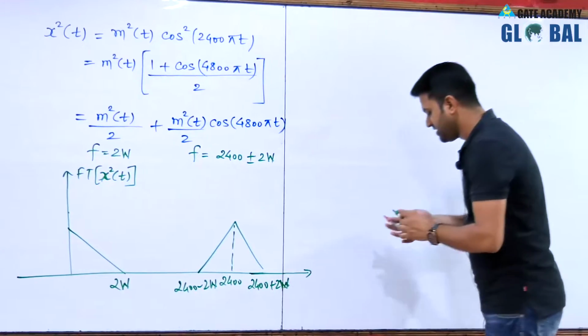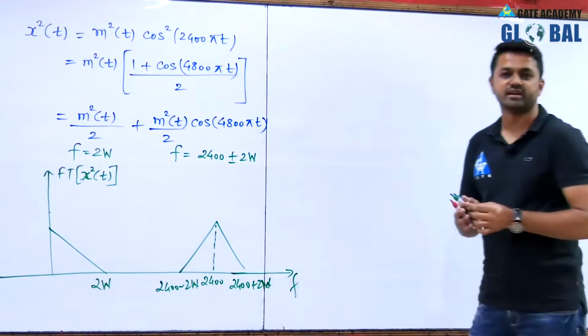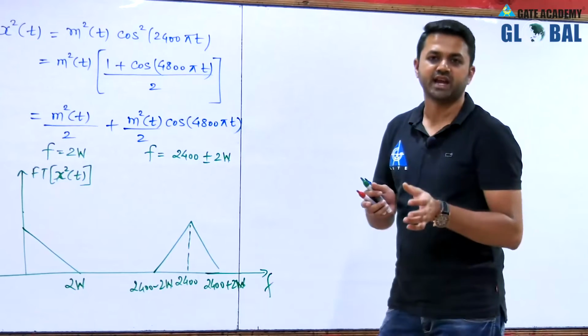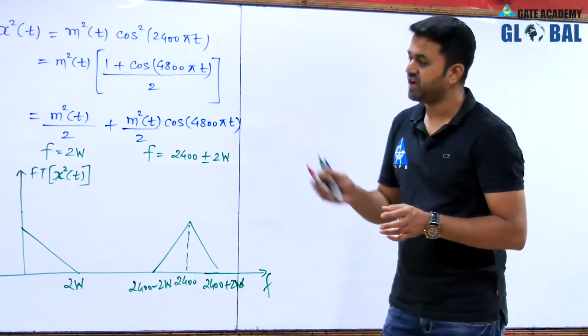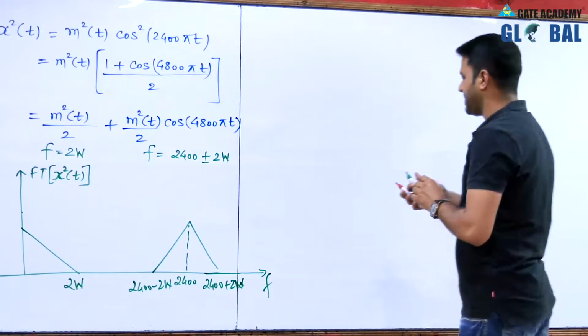If I add them together, we get the spectrum of y of t, which is the output of the amplifier.